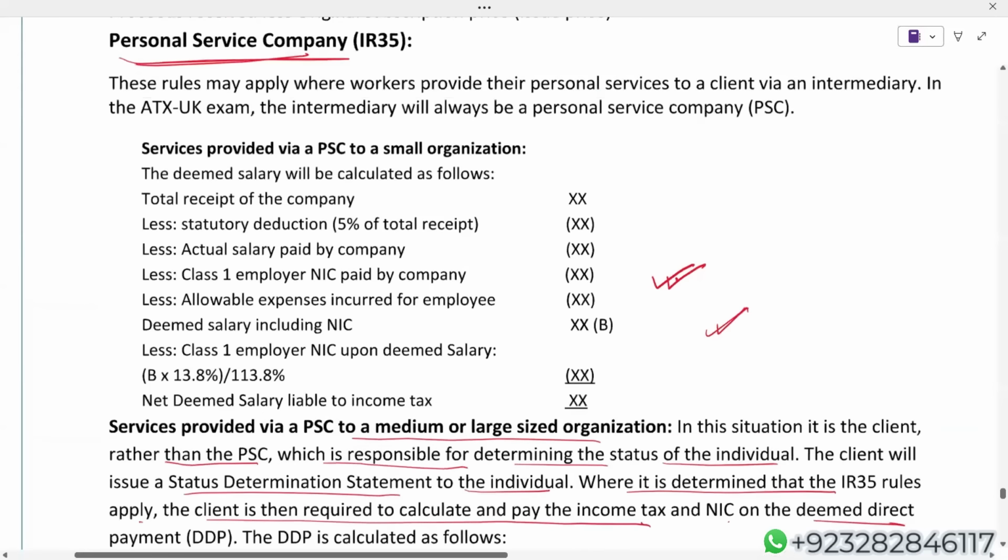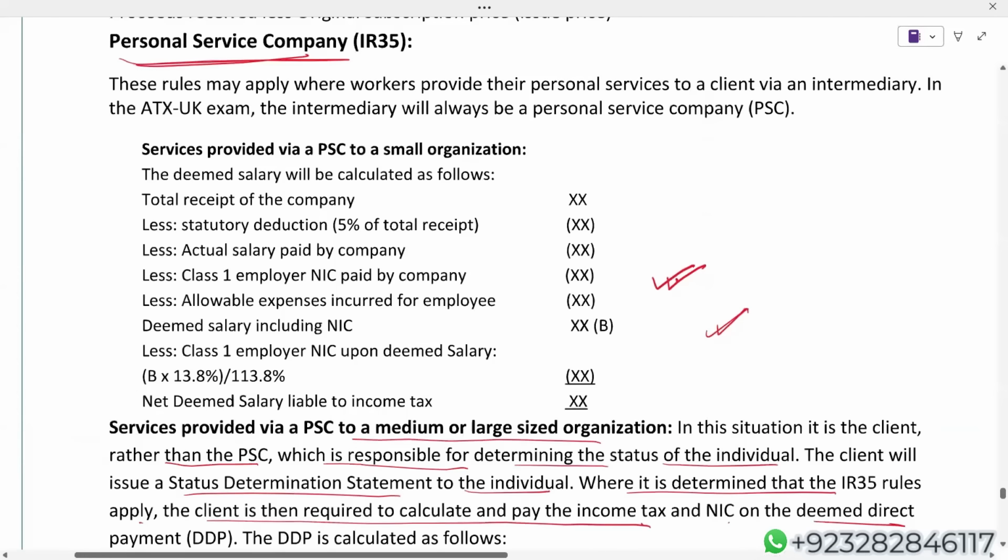So there are two different things, students. One, you are providing services through a personal service company and your client is not a medium or large size organization: IR 35 is applicable. If your client is a medium or large size organization, then they will determine your personal service company status and calculate the deemed direct payment, and the client will pay income tax as well as NIC.